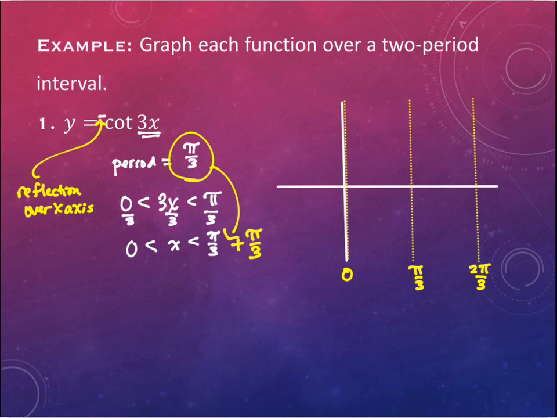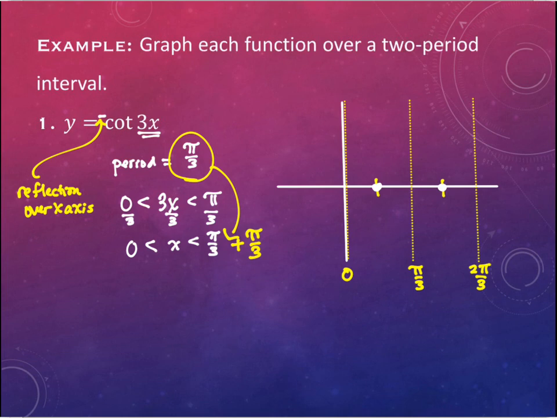Now, typically speaking, let me actually do this first. Split the interval in half, make my x-intercepts. Those are part of the directions, so all that's good. Typically speaking, the cotangent graph should be increasing or decreasing? Should be decreasing. But we got the negative in front, so Isaiah's right.